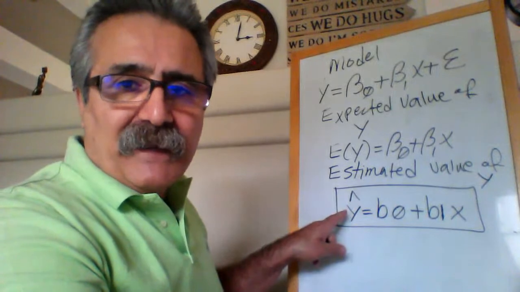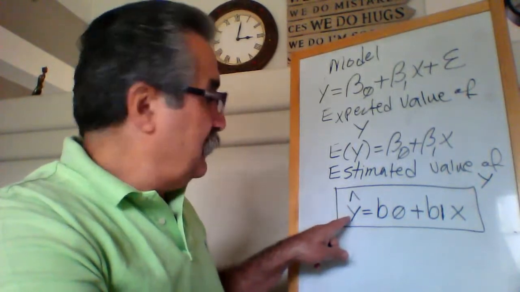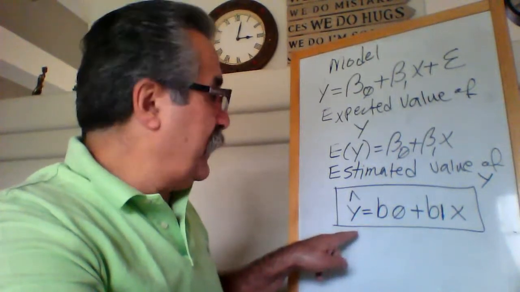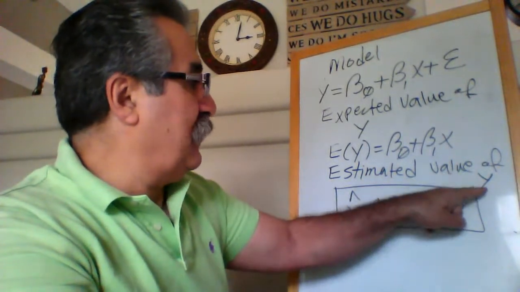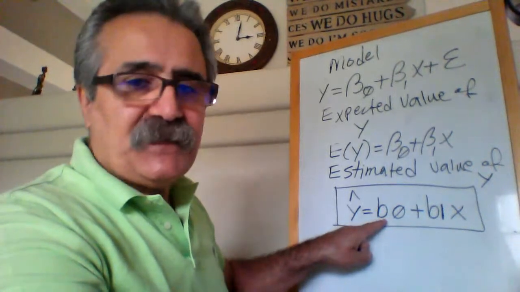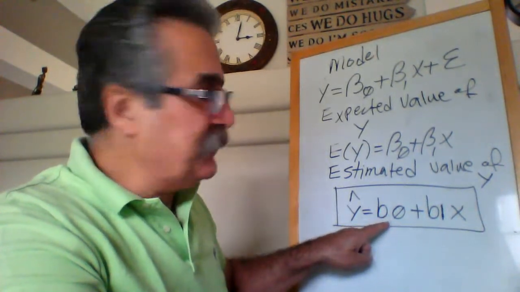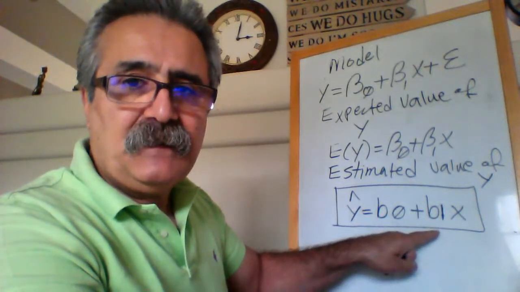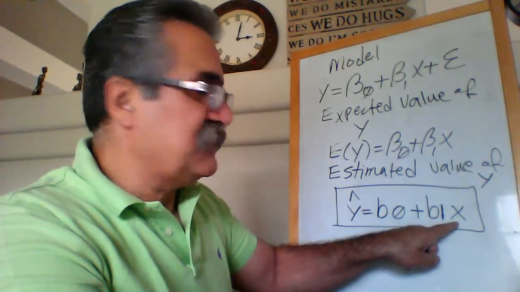This is called y hat. Y hat is the estimated value of y, b sub 0 is the y-intercept, b1 is the slope, and x is the x variable.